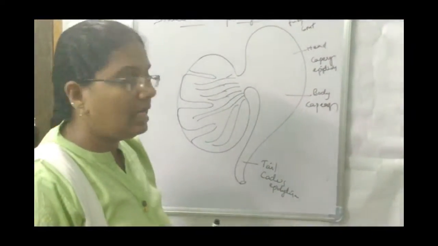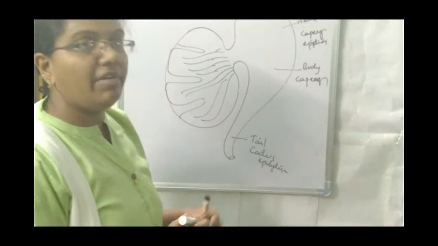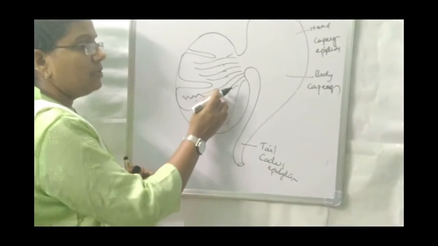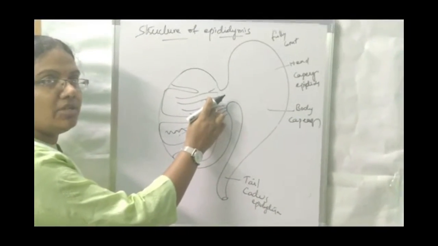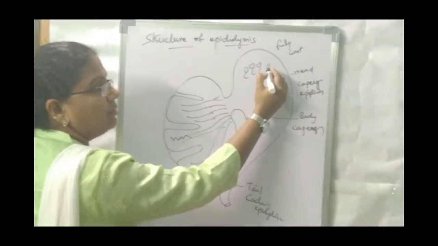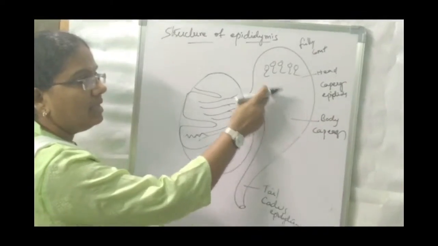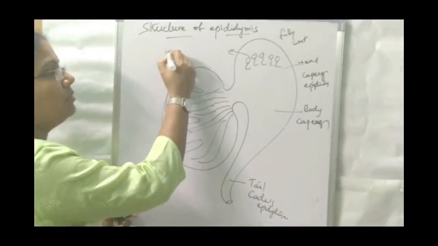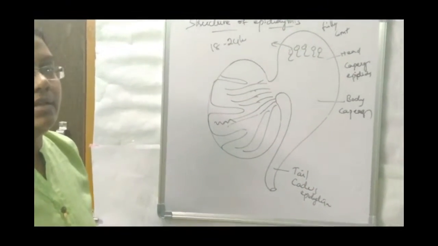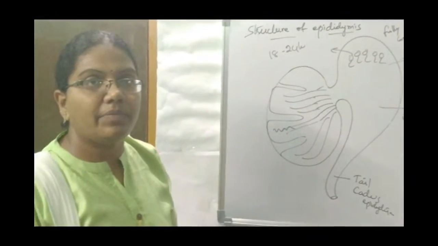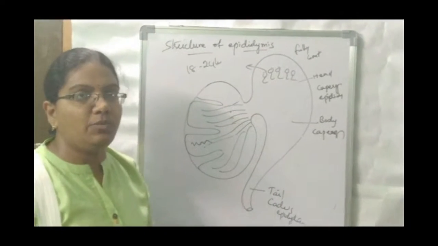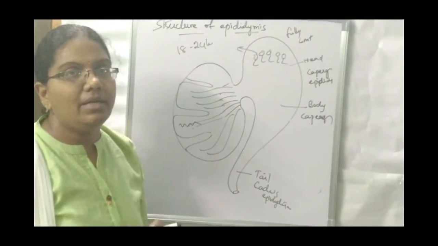What is the use of the epididymis? When the seminiferous tubules produce sperms, they are collected by the vasa efferentia. These send the sperm cells to the epididymis. In the epididymis, the sperm cells are stored for 18 to 24 hours. Why are they stored here? For physical maturity. The epididymis temporarily stores the sperm cells for their growth and development.